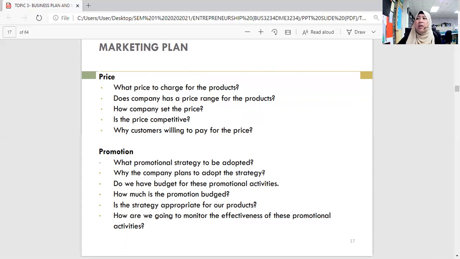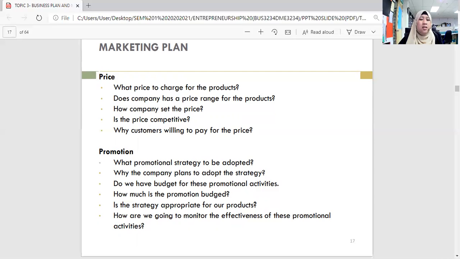Okay, and of course, we have to make sure how much is the promotional budget for every single one of our promotional mix activities, how much is actually budgeted, because we want to make sure that we are not overspending on every single promotion mix being done.